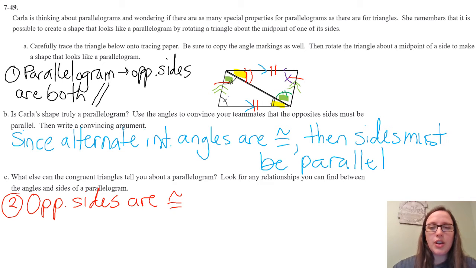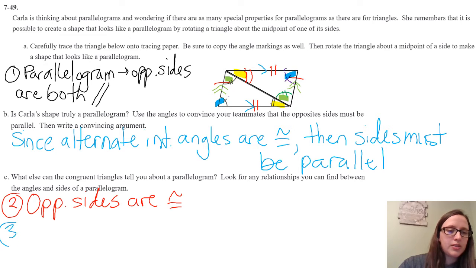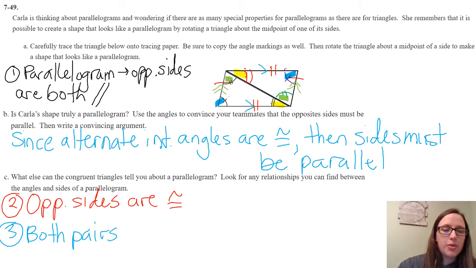Another property is that our opposite angles are congruent. Like this angle right here, and this blue angle up here that I just marked, those would be congruent to each other. And I should be writing down both pairs.